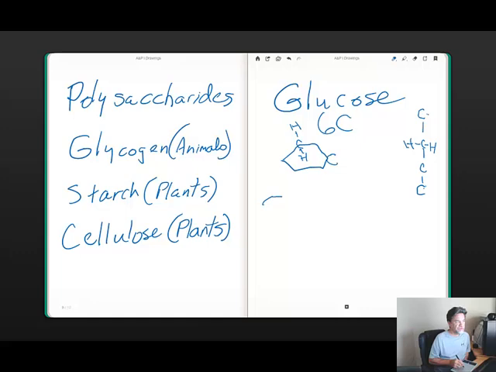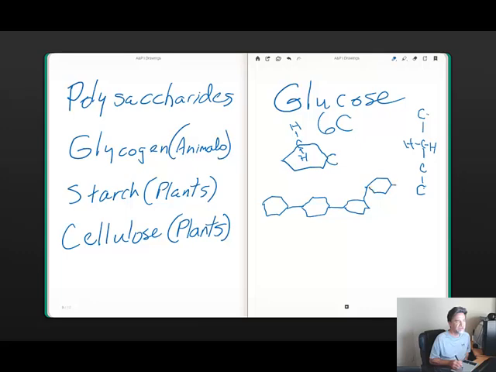So with glycogen, we're going to have several of these rings that are going to be hooked together, these glucose rings, right? And in glycogen, what we'll have is several side rings and chains of these rings coming off, right?